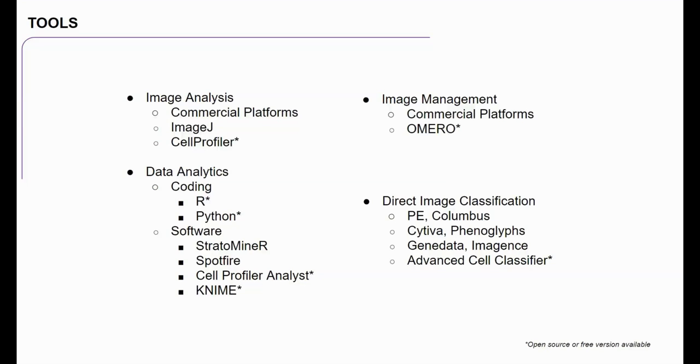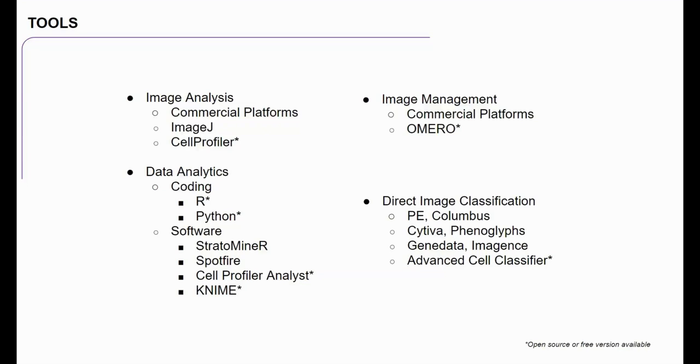As regards direct image classification, some of this type of functionality is built into some of the image analysis tools, such as PerkinElmer's Columbus, where you could identify cells and train models based on those. Also, Cytiva have a tool called PhenoLink that works with their IN Carta. These are based on machine learning of the numeric features.